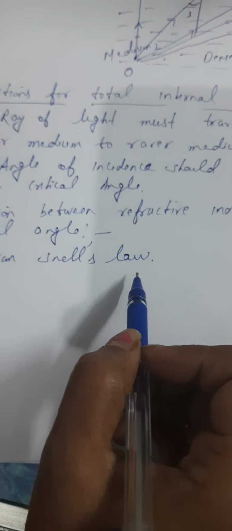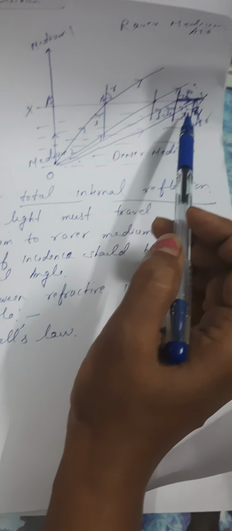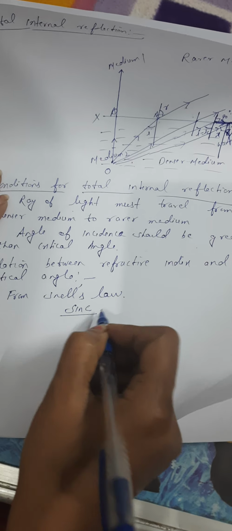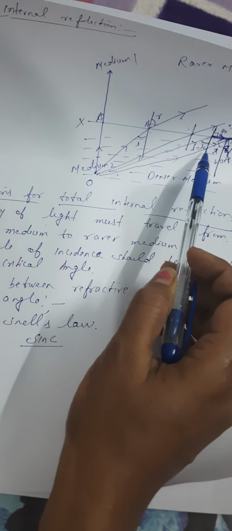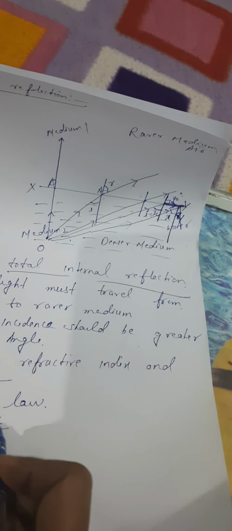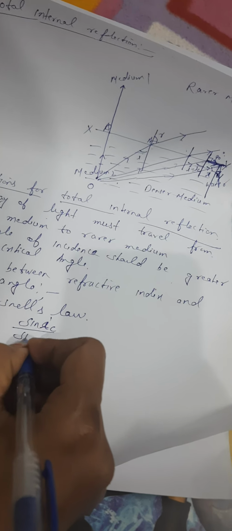you know that Snell's law is sin i upon sin r. Here, for the critical angle, sin i becomes sin C, so we write sin iC upon sin r.